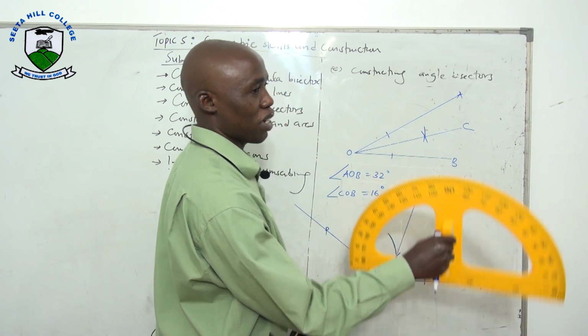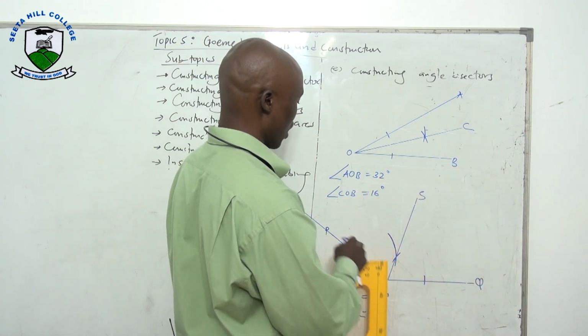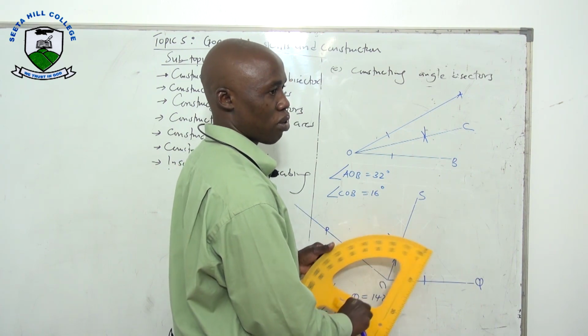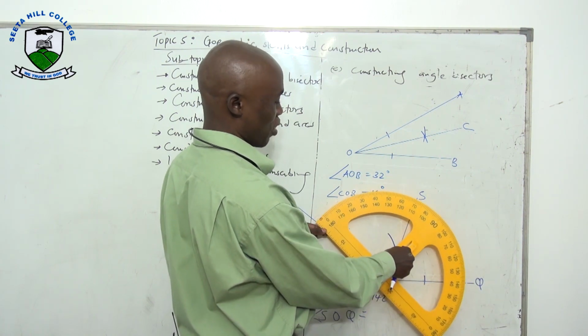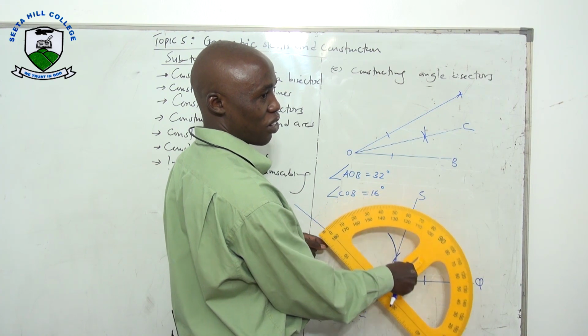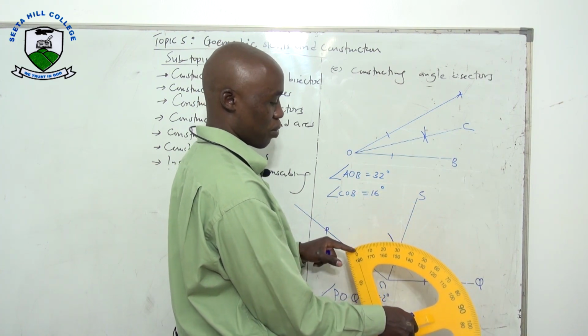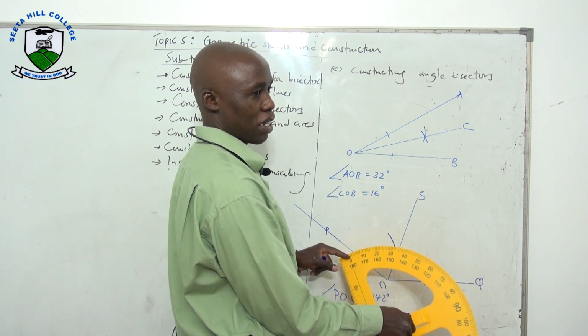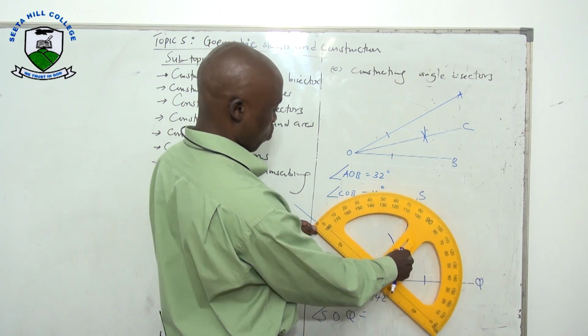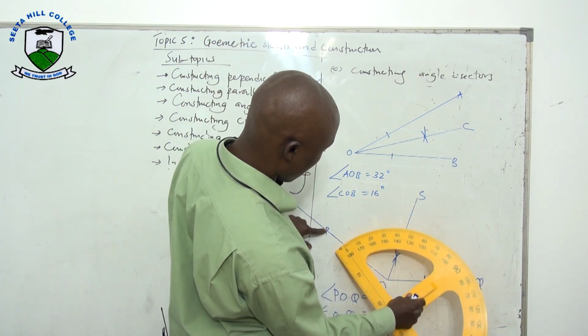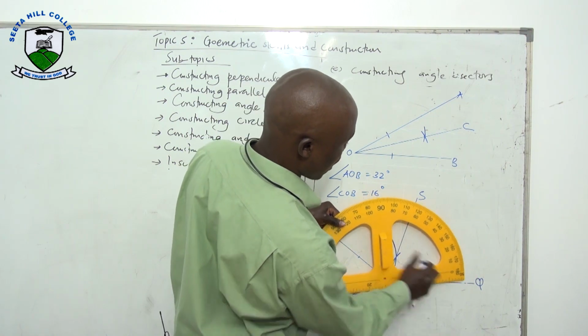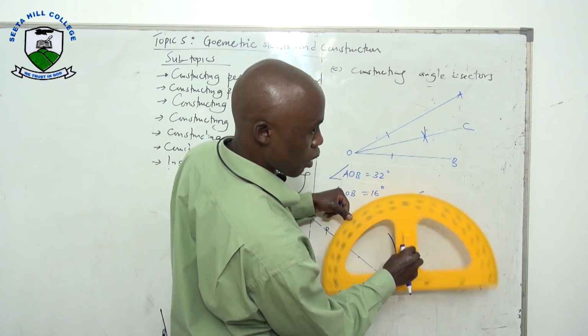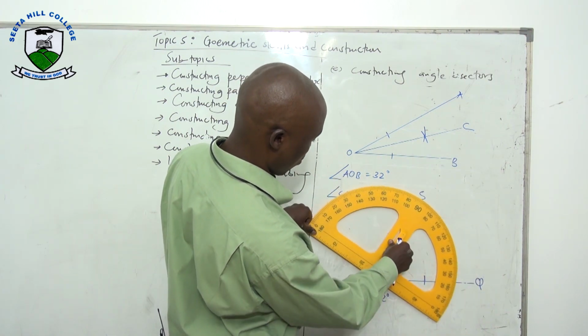So if you have many scales, you can even measure using the 0 on this one. I hope somebody now sees. If you wanted to use this line as your 0, you now put this to be 0. I just keep playing with the protractor. You can make this 0.